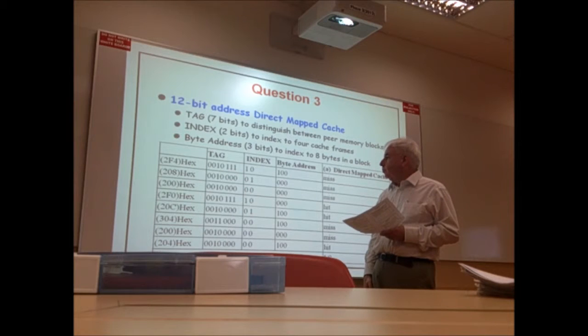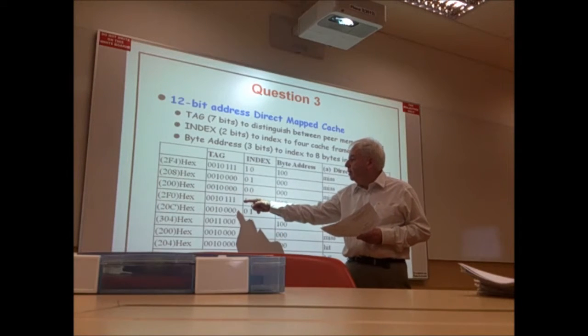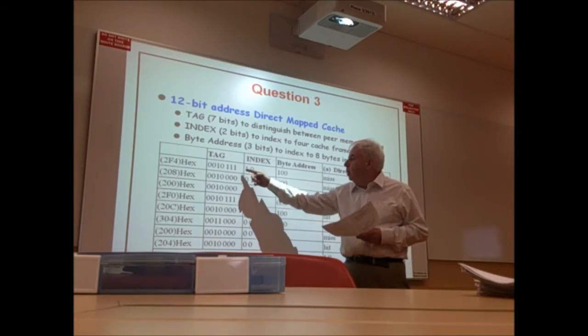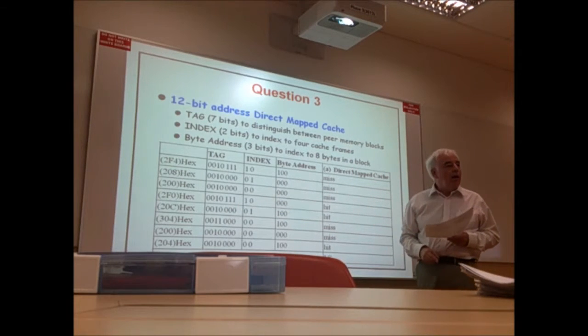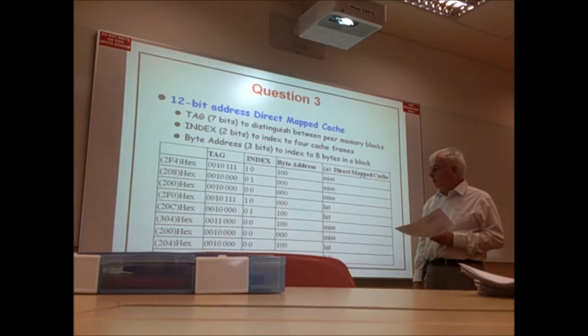2F0 will be mapped onto cache frame 10, and if you look at the tag, 2F0 and 2F4 are actually within the same block. It's a different address in memory, but those addresses are next to each other and they are mapped onto the same block.